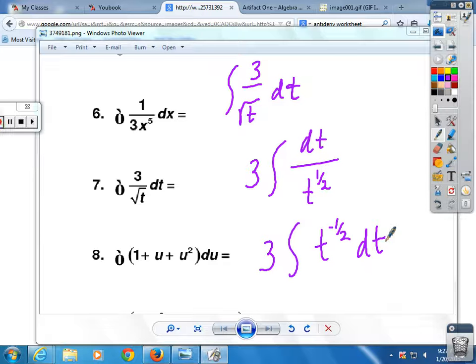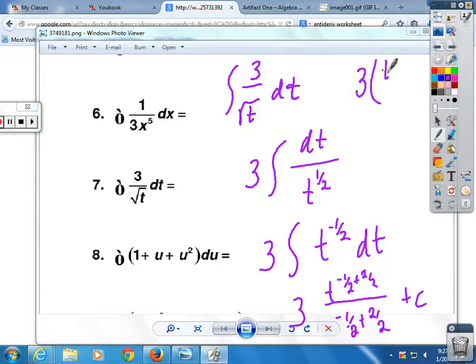Now, whether that t to 1/2, just use your rule. 3, and that t to the negative 1/2 plus 2/2 over negative 1/2 plus 2/2 plus c. And that's going to give you 3 t to the 1/2 over 1/2 plus c. 2 times 3 is what? And you feel good about yourself.